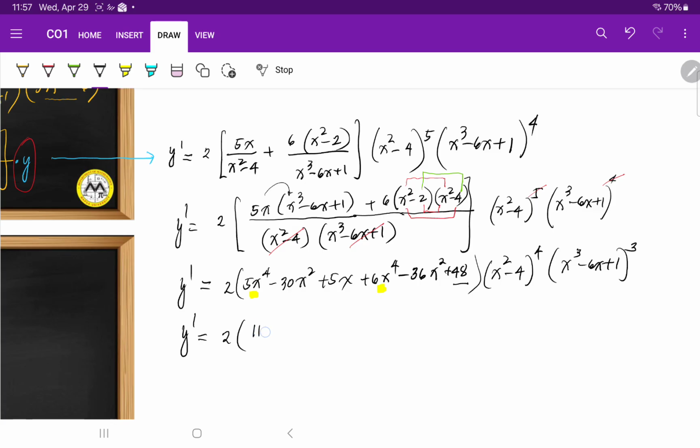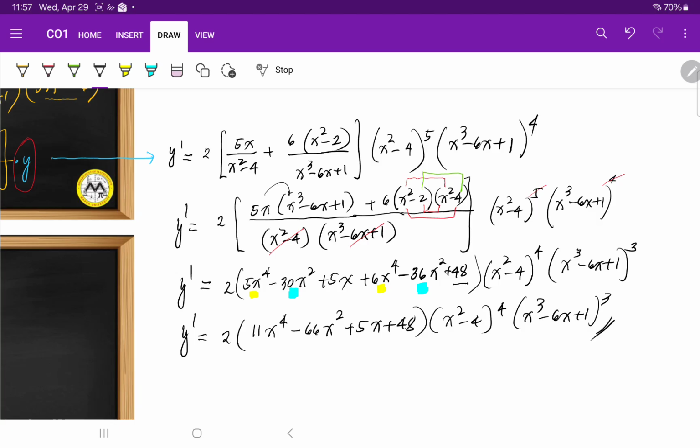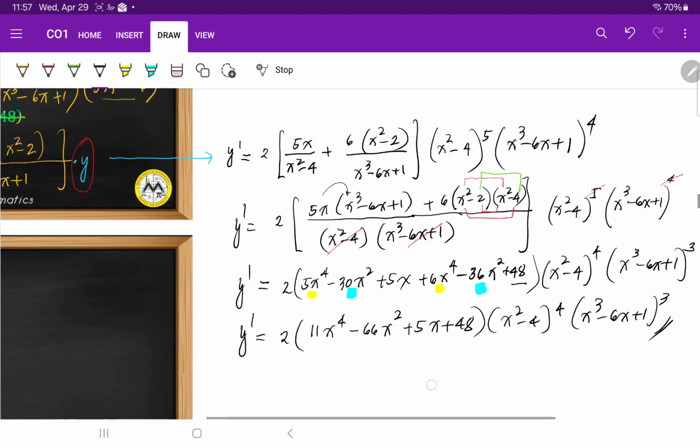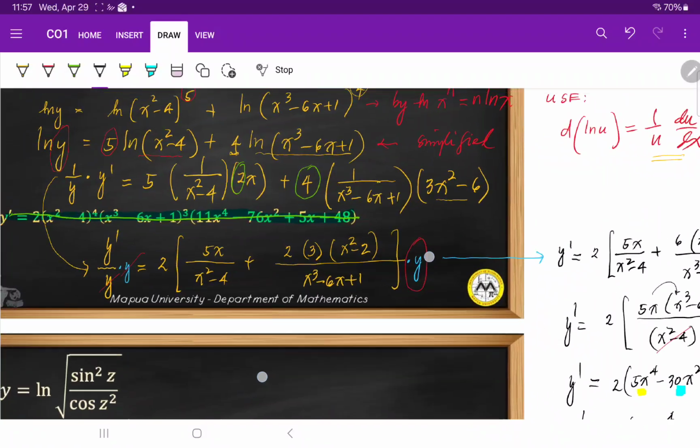So we have 11x to the fourth, then 30x squared, and this one is negative 66x squared, and then plus 5x plus 48, multiplied by x squared minus 4 times x cubed minus 6x plus 1 raised to the third. Okay, so that's your final answer, and it's this one actually.